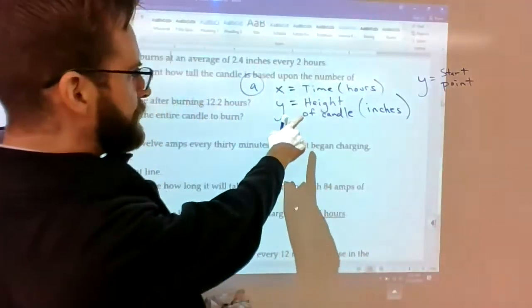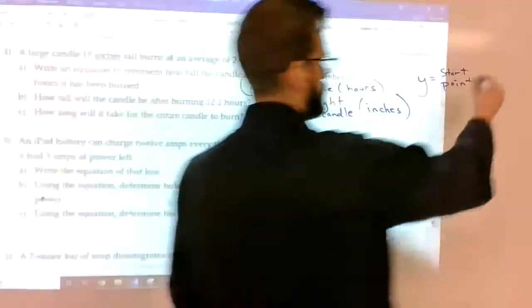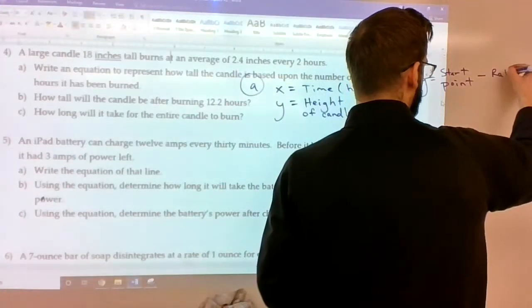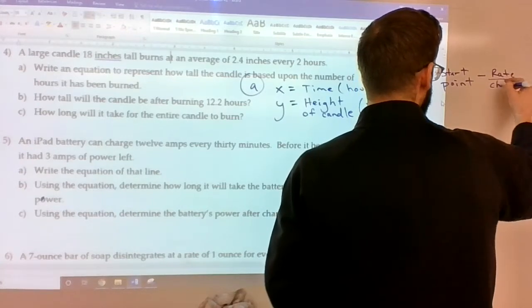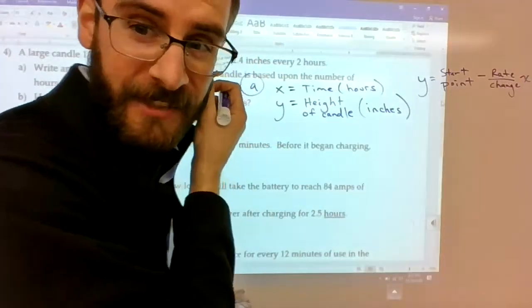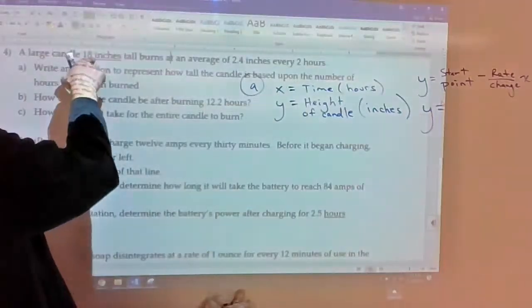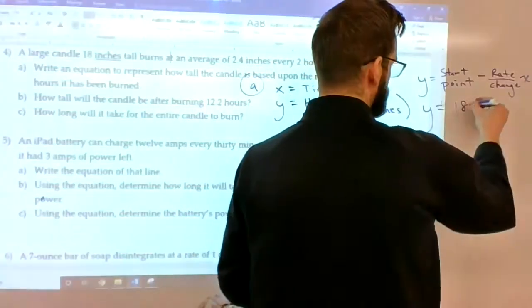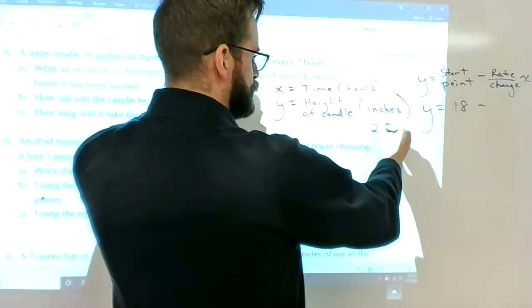In this case, we would be subtracting because the candle wax is burning, and whatever our rate of change is. Make sure we multiply that by x. So, y equals, the candle starts at 18 inches. We're subtracting 2.4 every 2 hours.